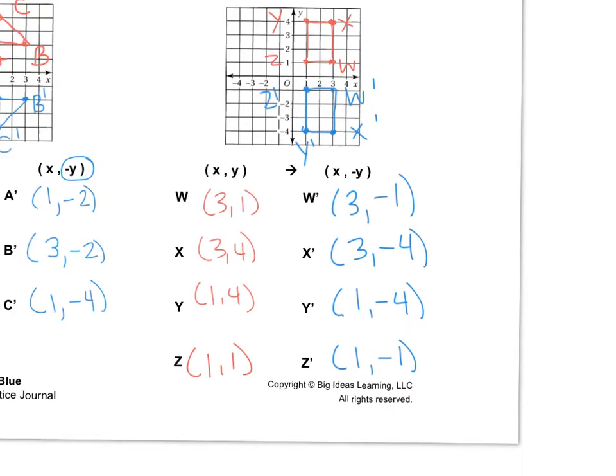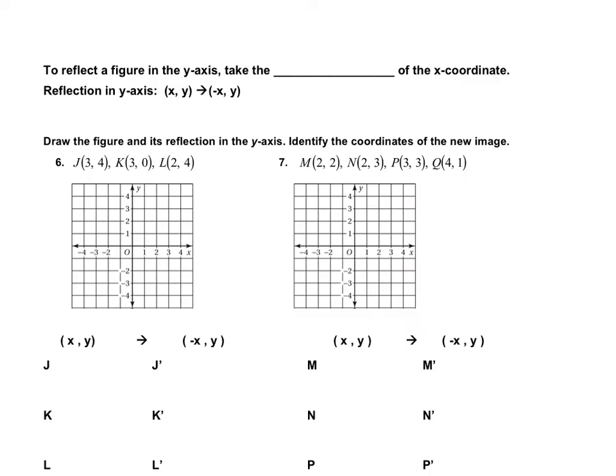All right, so next page says reflect a figure in the y-axis. This time we are going to take the opposite of the x-coordinate. So again, I'm going to write a rule that might help you.